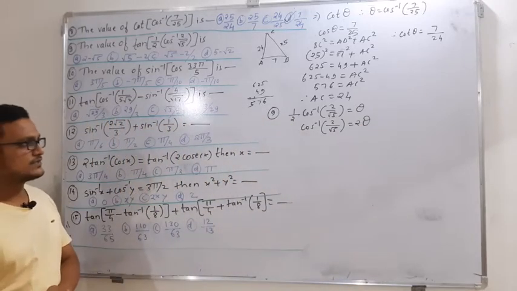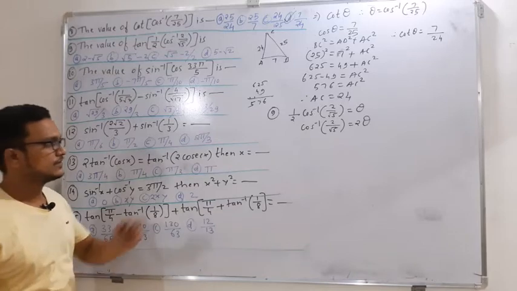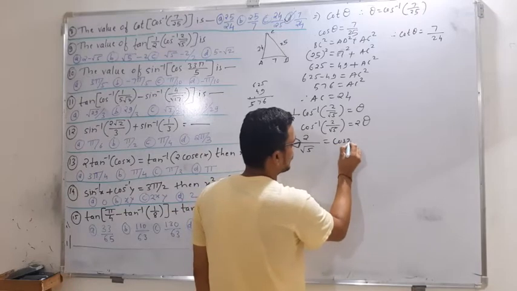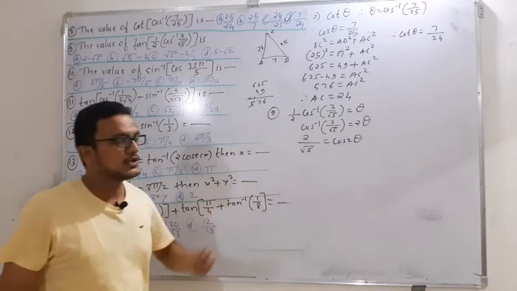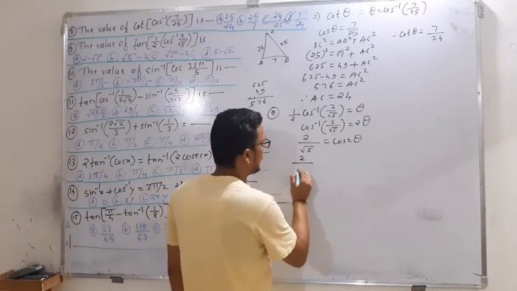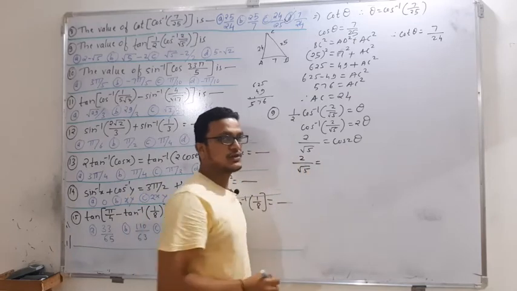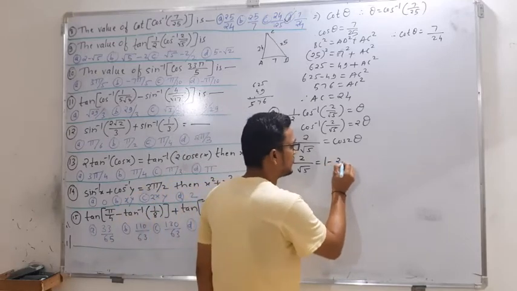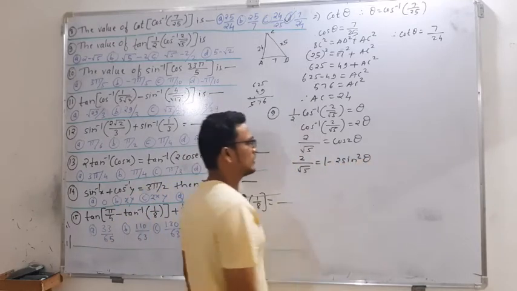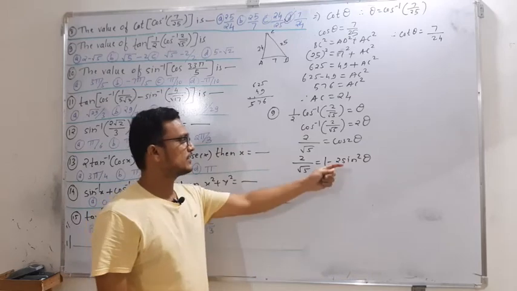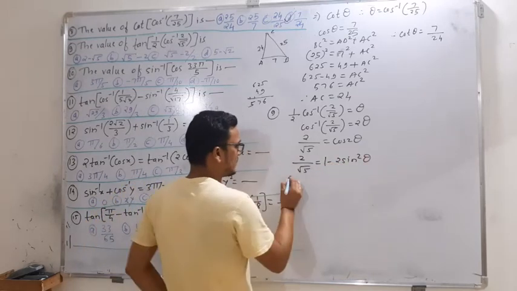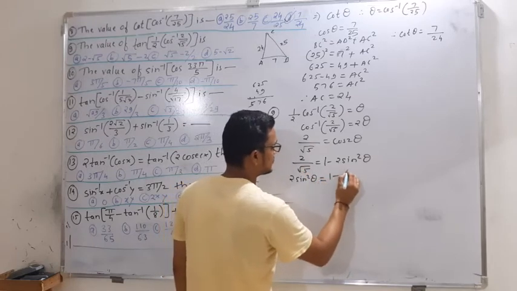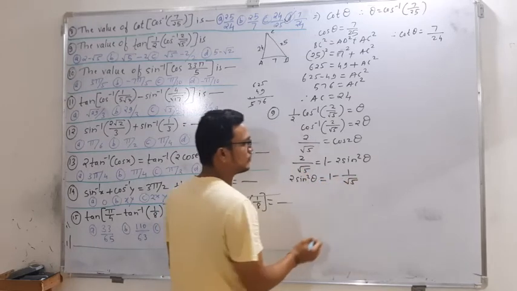Then transferring cos inverse, 2 by root 5 is equal to cos 2 theta. For cos 2 theta there are 3 formulas, but I will take 1 minus 2 sin square theta. Now transferring this minus term, it becomes plus 2 sin square theta, and the plus term goes to that side, so it is 1 minus 2 upon root 5.